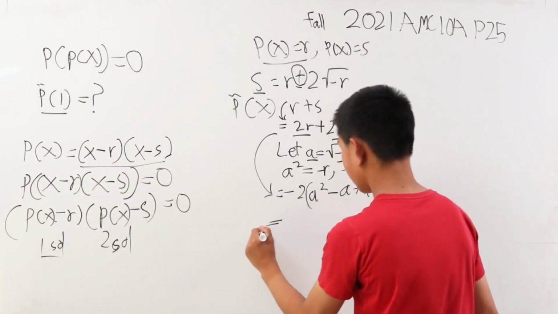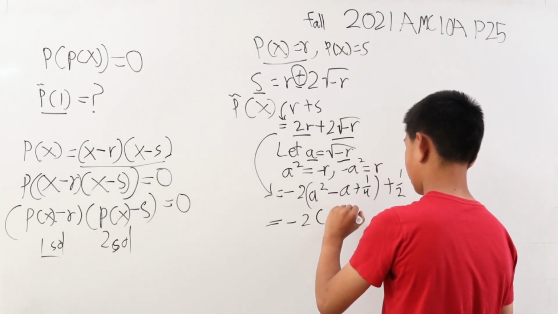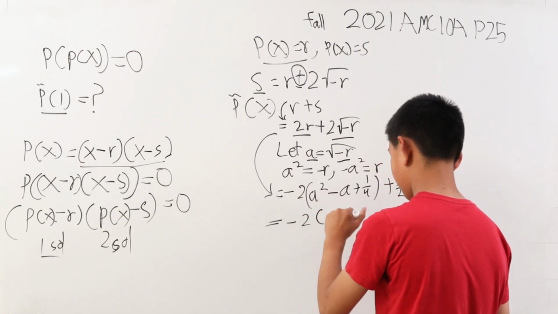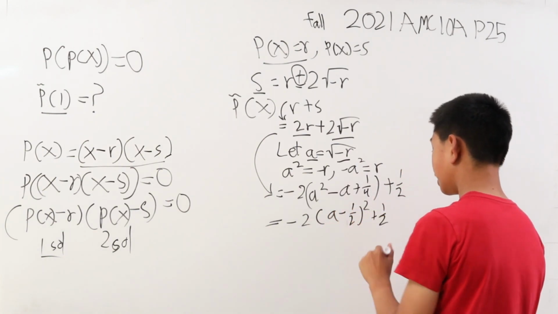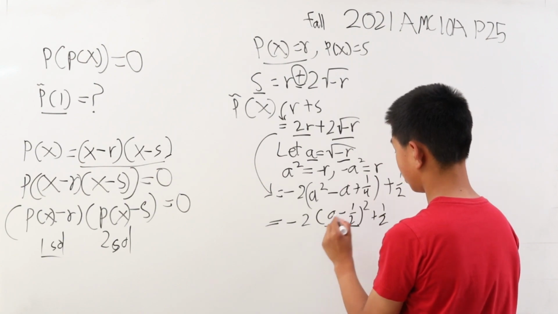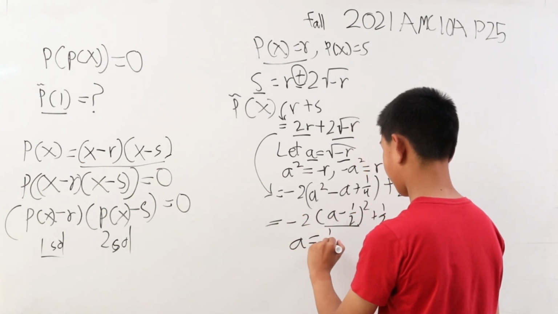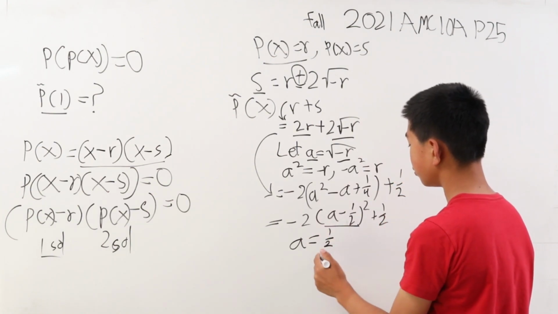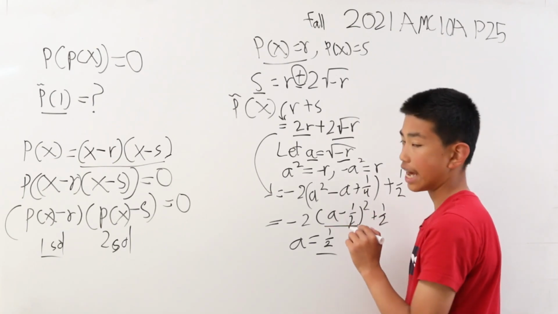Well, now we see that this is negative 2 times a minus 1/2 squared plus 1/2. Here we see that a equals 1/2. This works. a equals 1/2. And we can use this information to find out information about r and s.